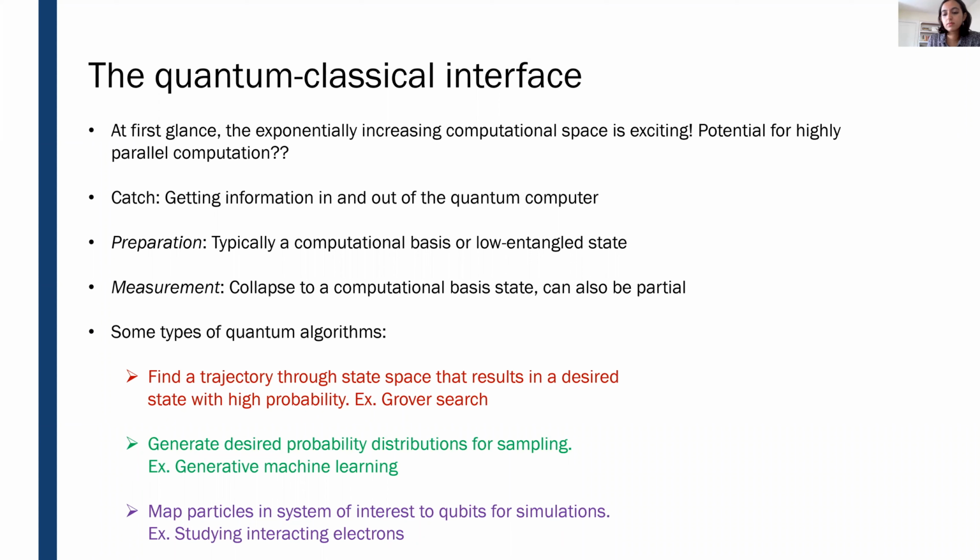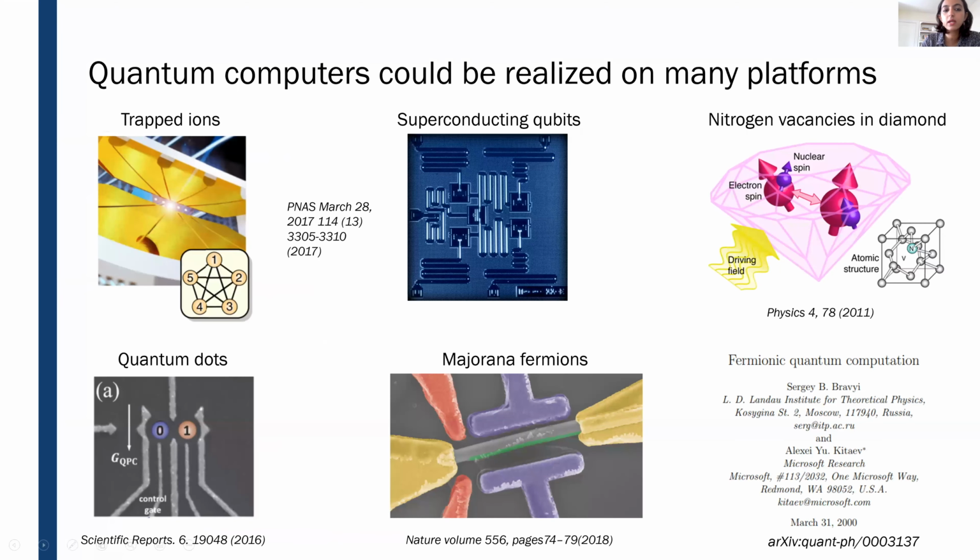I see. Apart from the environment, what is the other limiting factor? Is there some circuitry that limits the number of qubits, or is it just the environment? So the environment limits the operation fidelity, but there are a lot of engineering challenges. The next thing I was going to talk about is that quantum computers can be realized on many different platforms. My company works on trapped ions.